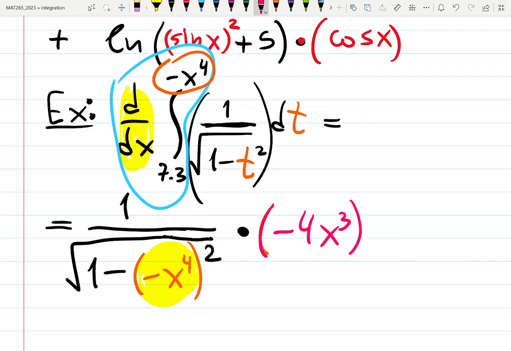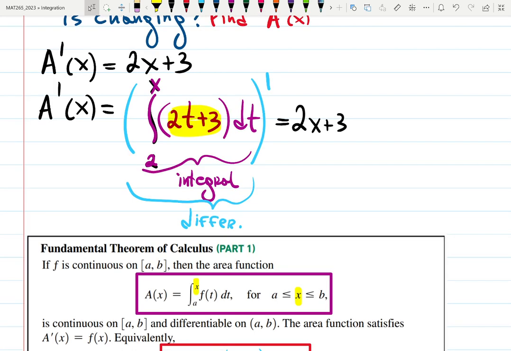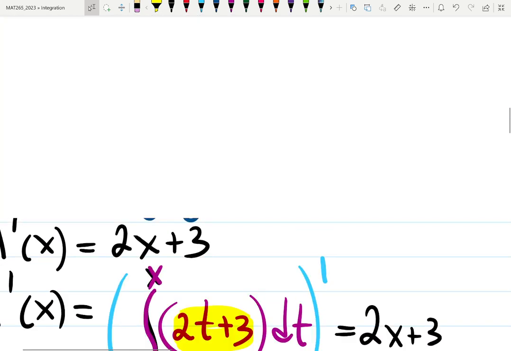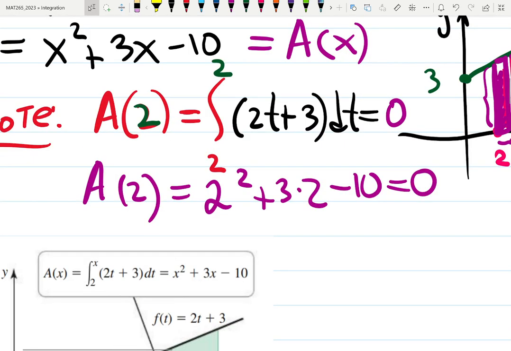Interestingly, nobody asked, but usually students ask: nobody wants to ask me what's happening with 7.3. So we completely don't care about the initial point. When we performed the very first example, when we actually find the net area, of course it matters. The very first one, I plugged the top, and then I plugged the bottom, and the bottom was 2.